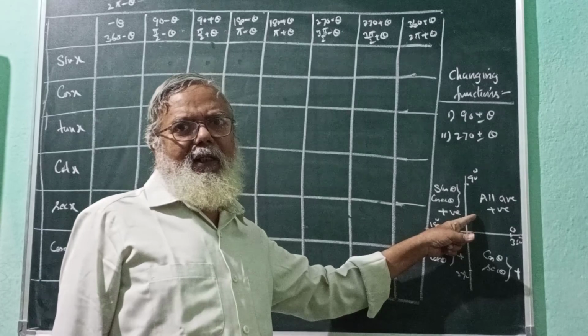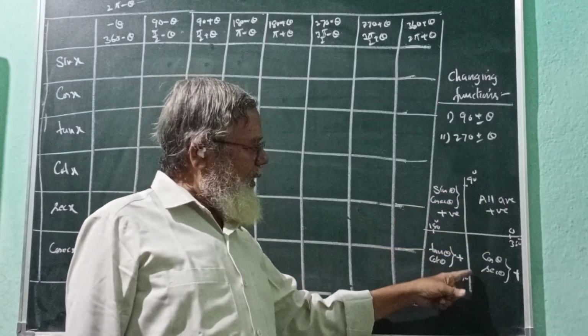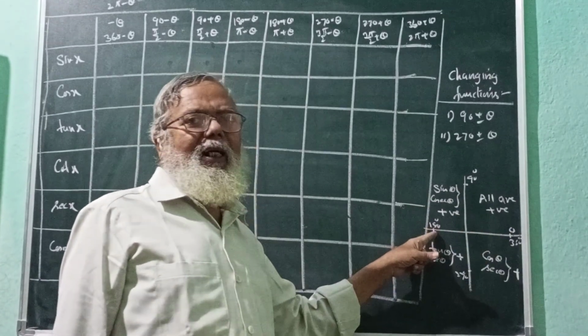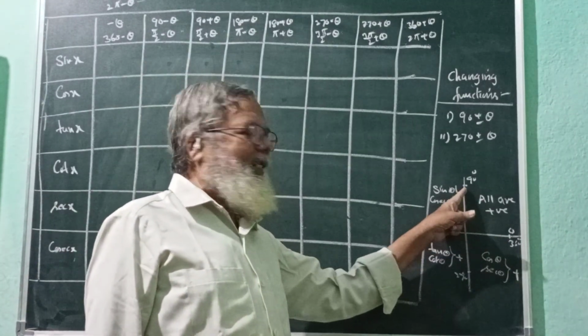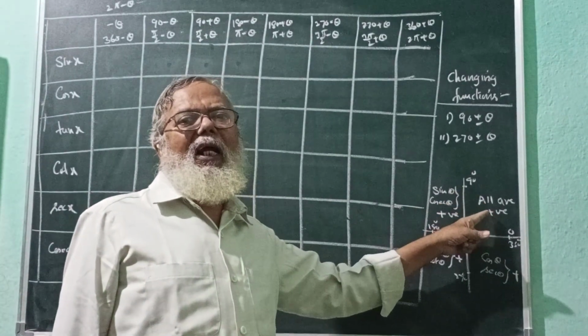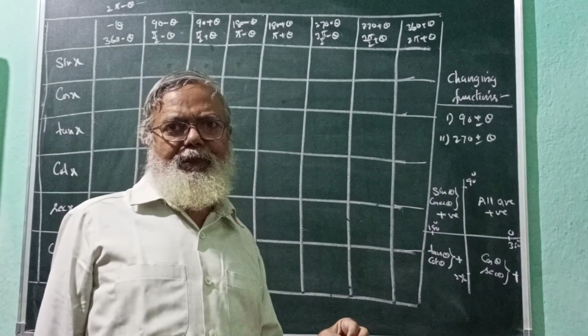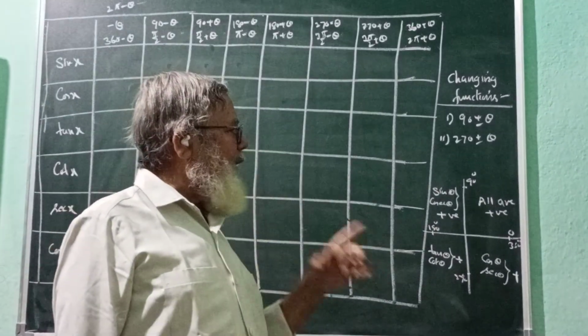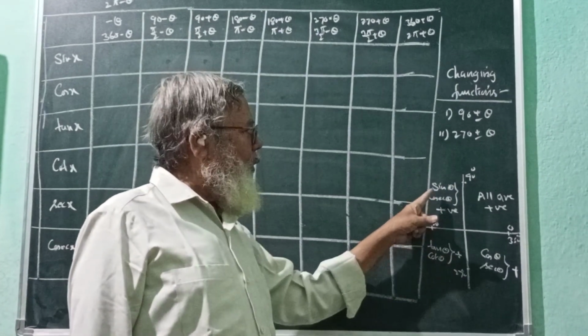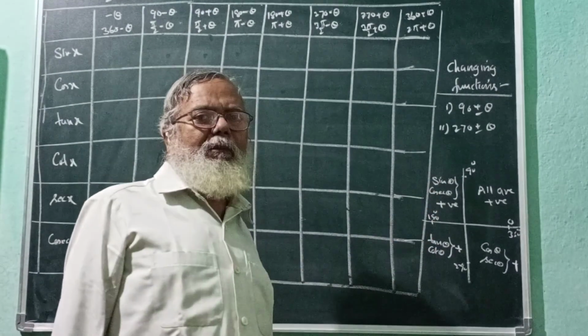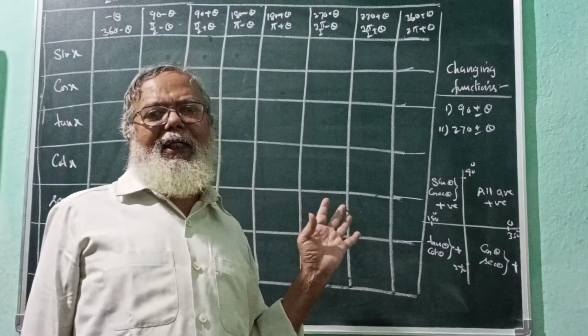This is the coordinate system here. In these coordinates, we should know if the angle lies between 0 and 90 degrees, all trigonometrical ratios have positive sign. If the angle lies between 90 degrees and 180 degrees, only sin theta and cosec theta are positive, remaining all are negative.